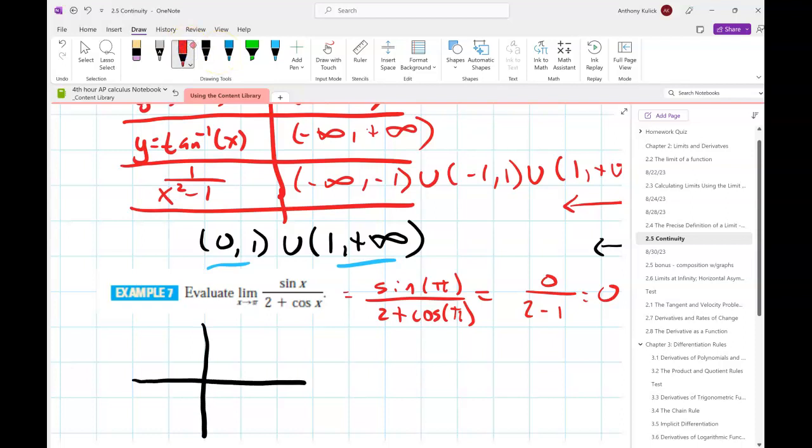I just remember what the graph looks like. Here's the graph of sine: 0, 0, pi over 2, 1, pi, 0, 3 pi over 2, -1, 2 pi, 0, right? I'm just thinking about what the picture looks like and then managing from there. I'm not actually memorizing these things because I have better things to do in my life than memorize the unit circle.